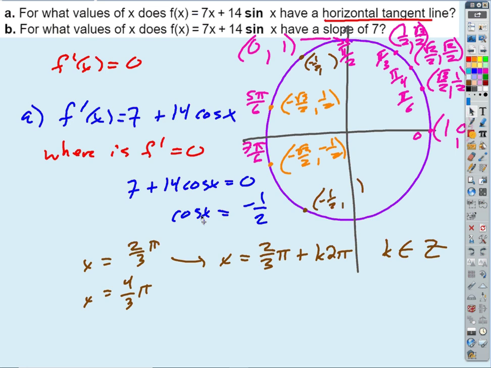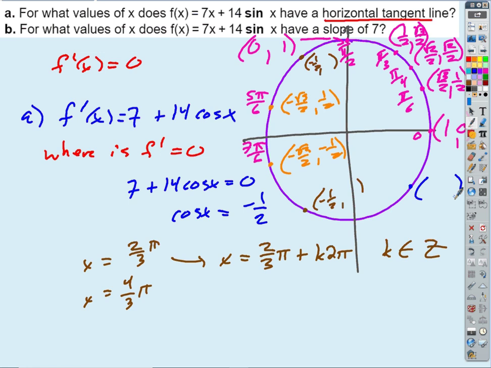But let's focus on the unit circle first, because that's where we do our work in trig most of the time. So where on the unit circle is cosine equal to -1/2? Well, any point on the unit circle, remember, and you confirmed this yesterday, always has coordinates where it's at angle x, right?